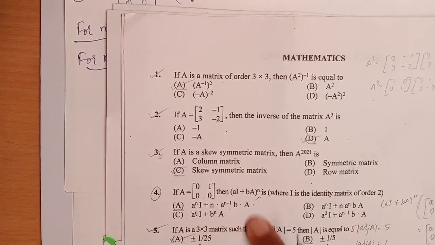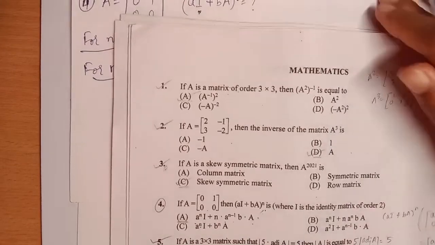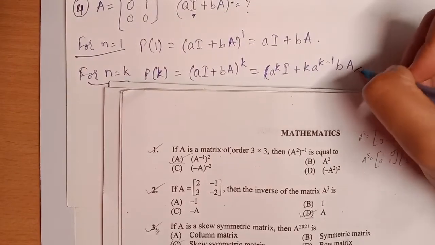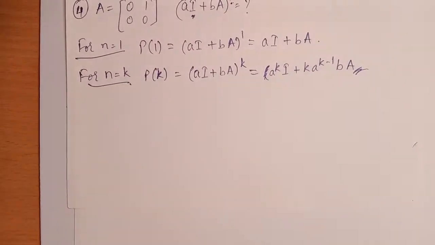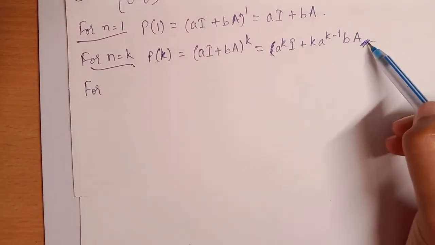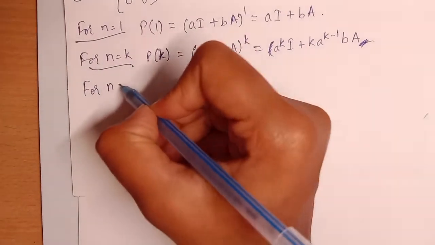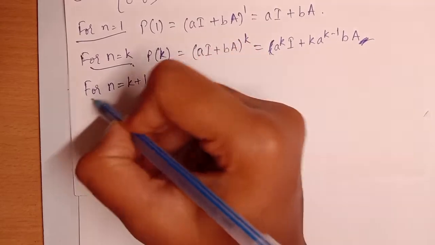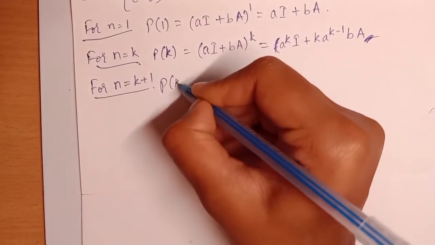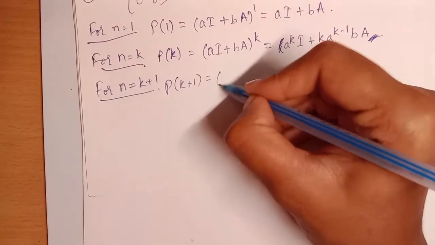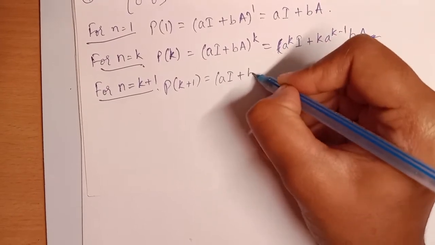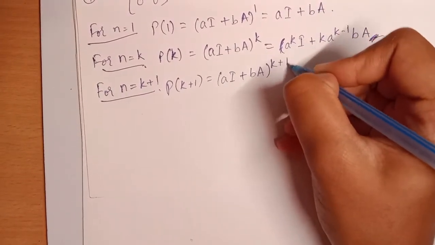We have used the answer of the first option. Okay, so now we found this. Now for n is equal to k plus 1, P of k plus 1 is equal to (A into I plus B into A) whole to the power k plus 1.